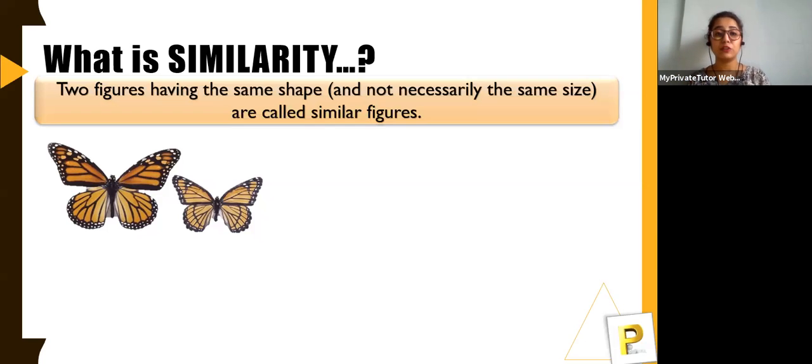They are not considered to be congruent. Getting my point? What is similarity? Two figures having the same shape, but not necessarily the same size, are called similar figures.